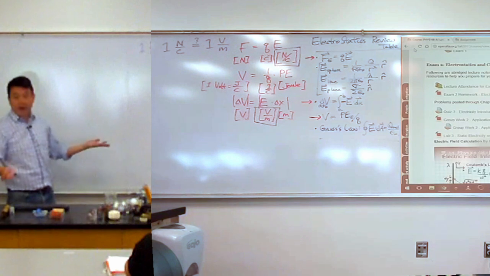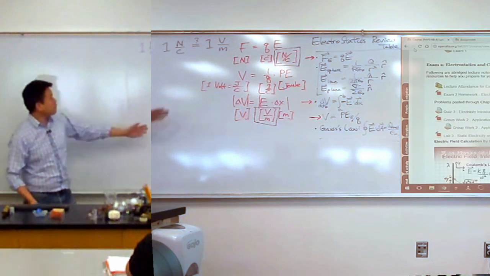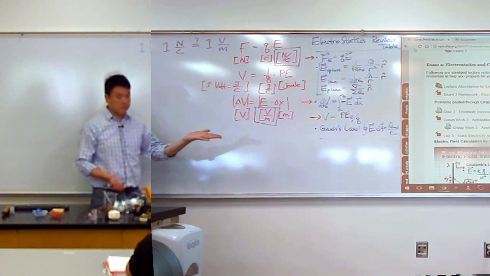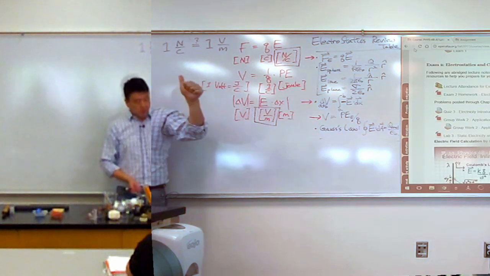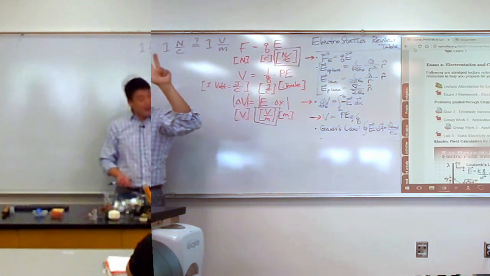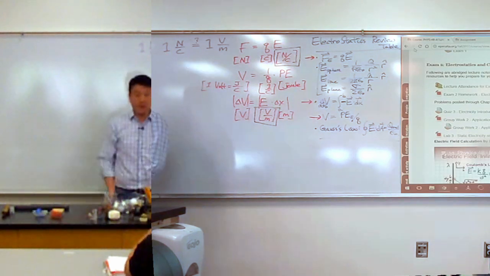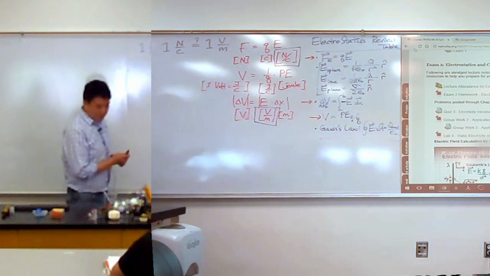Well, let's just write out everything and see. Whenever you're trying to see if the units agree, you write it out in the basic units. Basic SI units are kilograms, meters, seconds, and now coulombs. So write out all this in terms of those. Let's see what we get. Newton, I know how to write that.